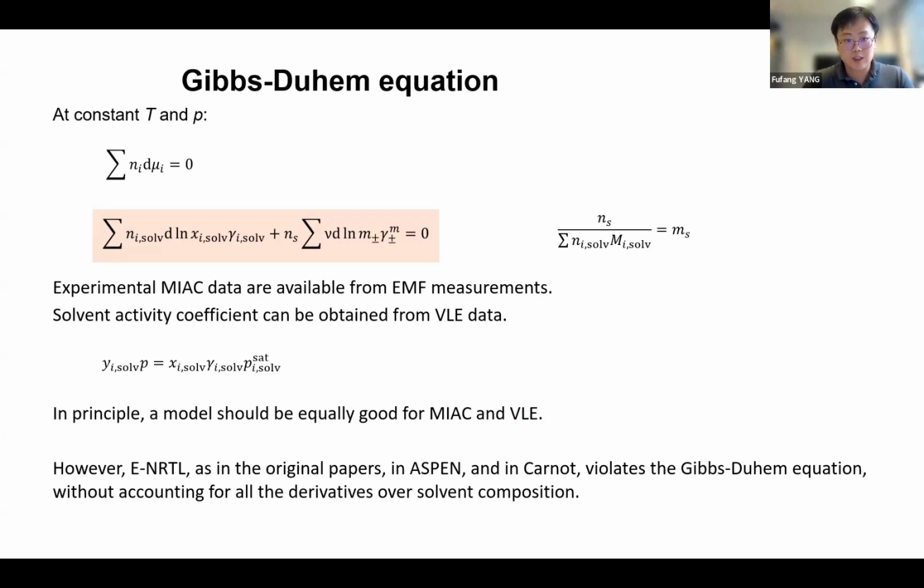And because for mixed solvent electrolyte solutions, we don't have a lot of experimental data, it would be good to verify these different properties against each other. Our assumption was that when this Gibbs-Duhem equation was satisfied, the model would be more consistent for VLE and mean ionic activity coefficient.